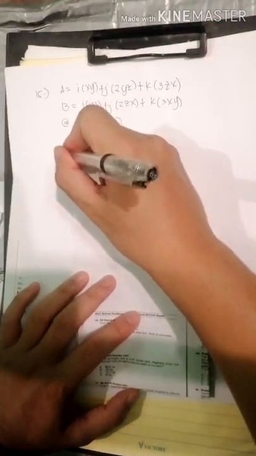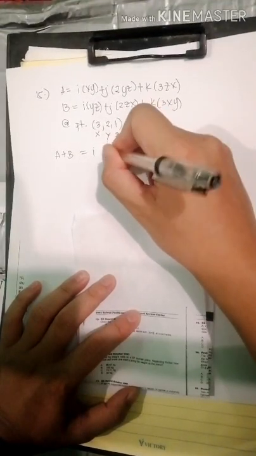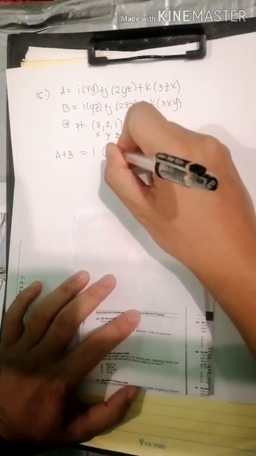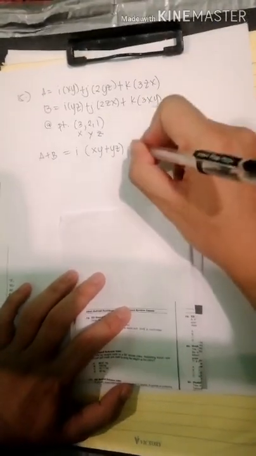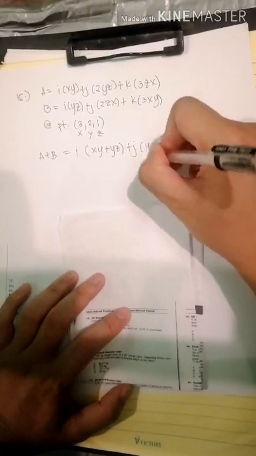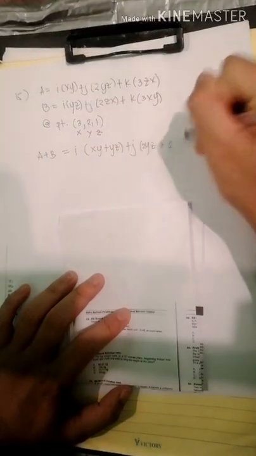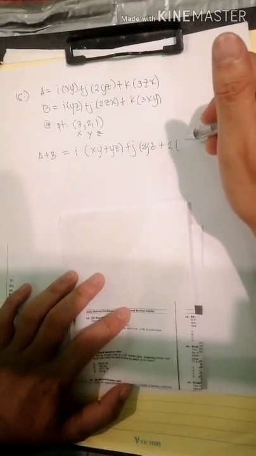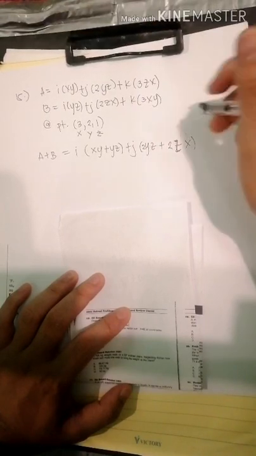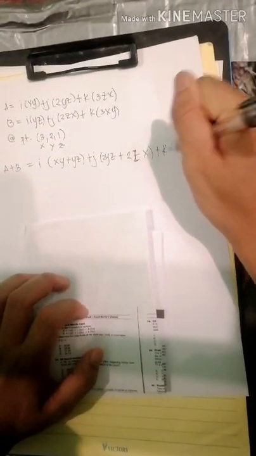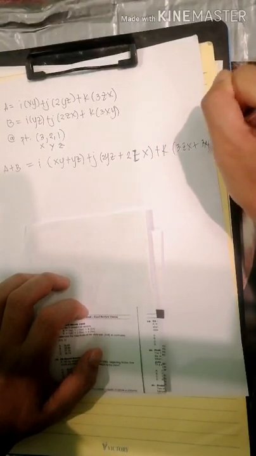So, what we do is find A plus B: i times (xy plus yz) plus j times (2yz plus 2zx) plus k times (3zx plus 3xy).